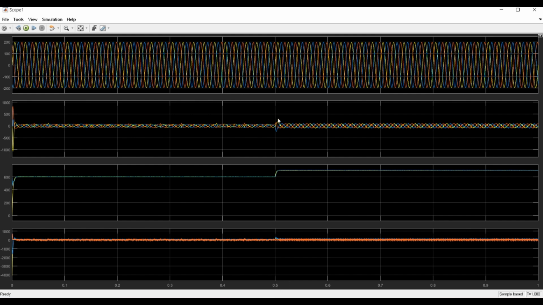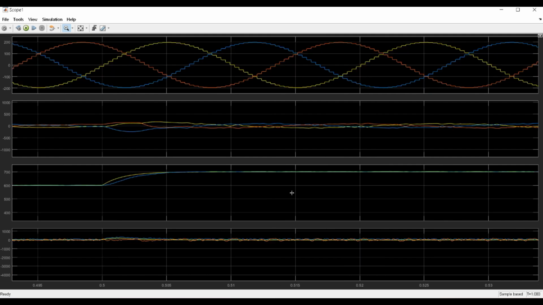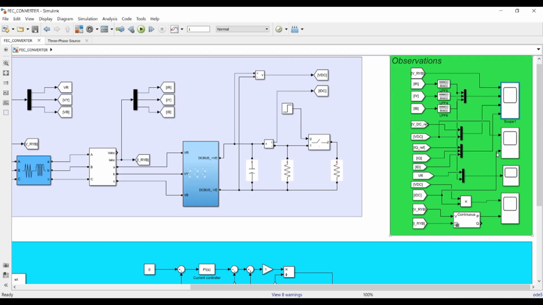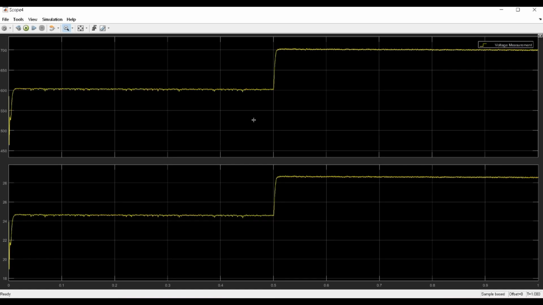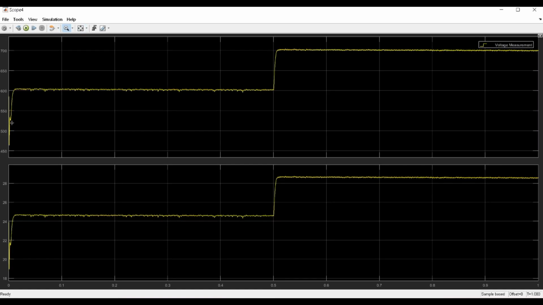At 0.5 you can see a spike over here, and at this point of time you can see that the voltage is closely following the reference voltage. Okay, and this one. So here this upper point is the DC voltage. So first we have set at 600 volt, so it is following 600 volt. At 0.5 second it is moving to 700 volt, and this is the current, IDC current.